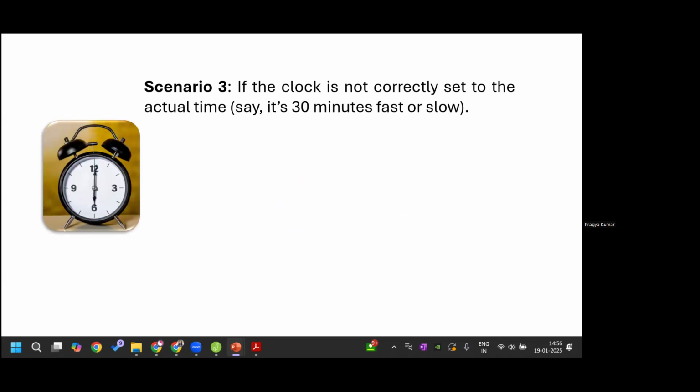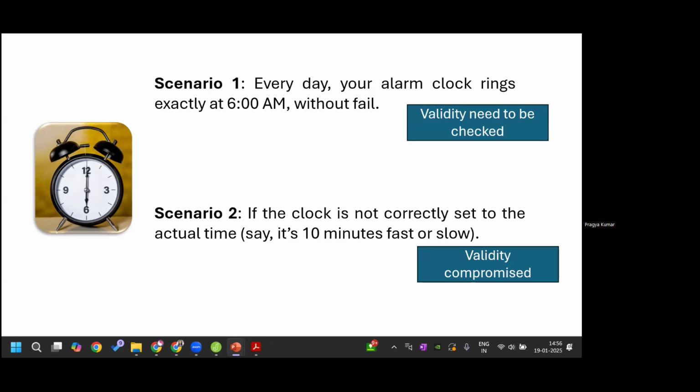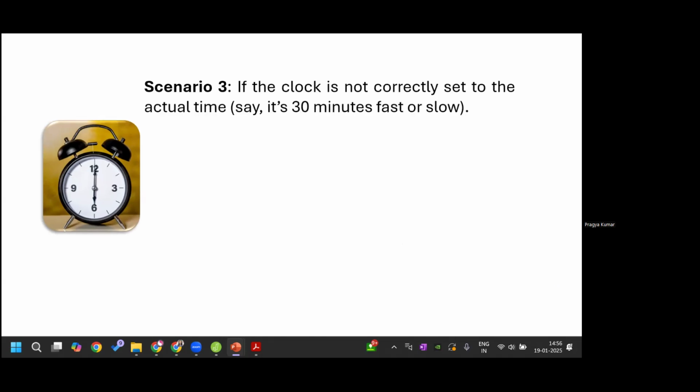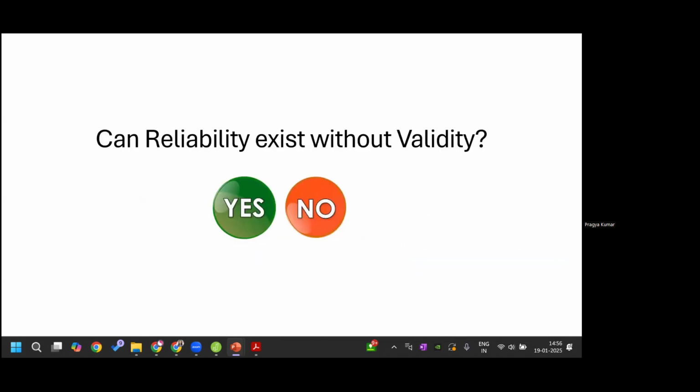So what is reliability? Reliability is that every time the alarm clock rings at 6 o'clock without fail, we can say that it is reliable. Now, can reliability exist without validity? What is your answer, yes or no? Please type in the chat box. Renuka is writing yes. Ashwati is writing yes. Sai is writing yes. True, we have seen that.